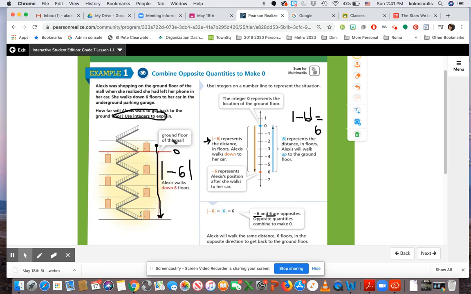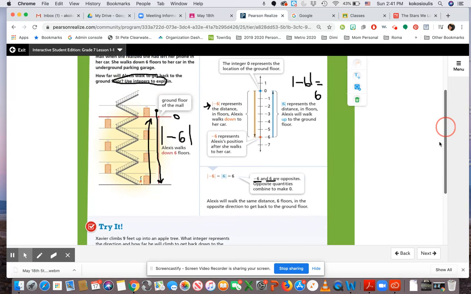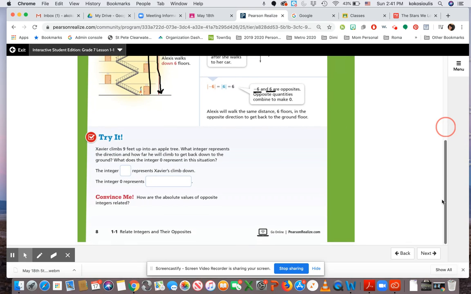When you add them together, so if I walk down -6 and then I walk up 6, I'm back at 0, right? So when you add opposites, that becomes 0. So he's just trying to say -6 plus 6 is 0. Okay, so let's take a look at another example here.